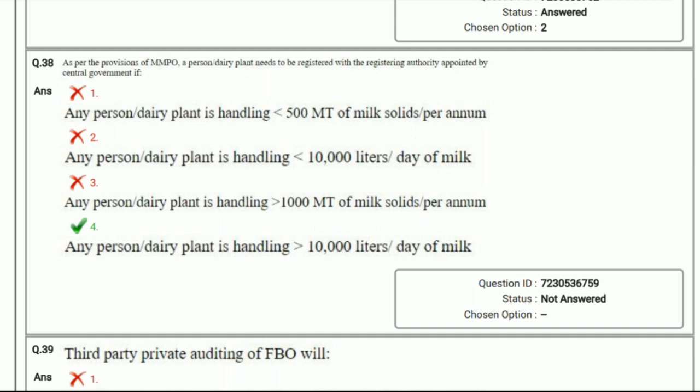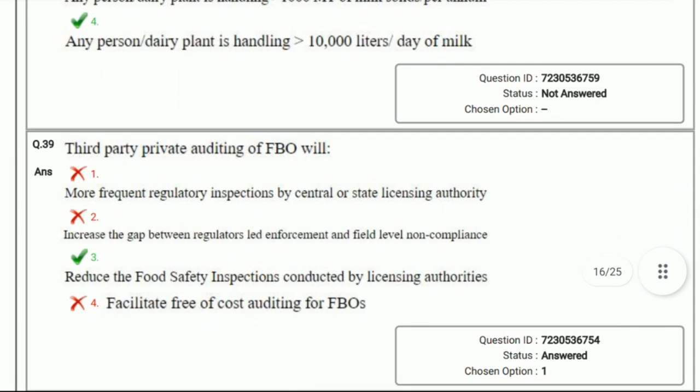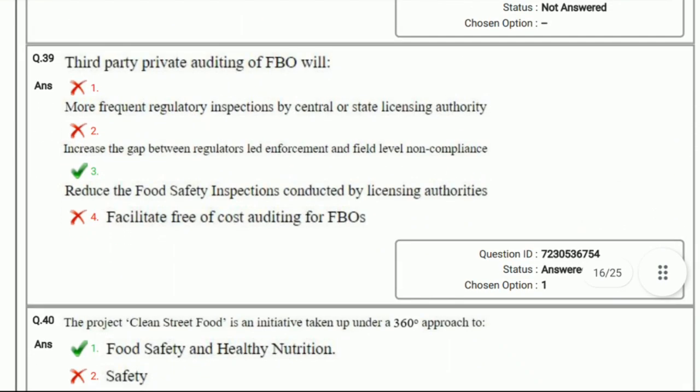So the answer to this is any person dairy plant is handling more than 10,000 liters per day of milk. If he is having that much of the milk in the plant, it means it needs to be registered under central government.